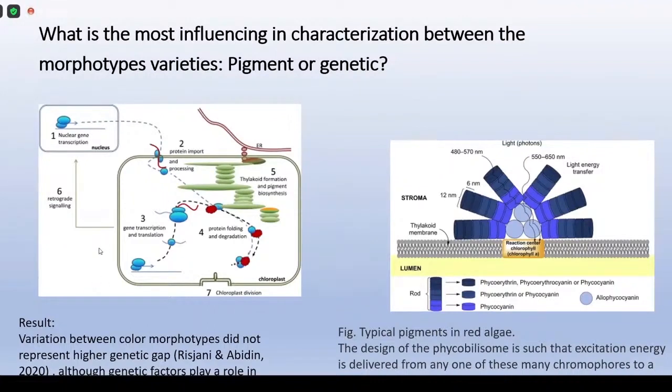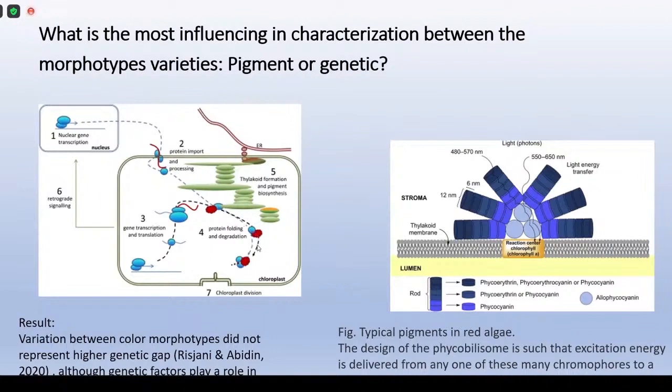This is the biosynthetic pathway process. It starts with nuclear gene transcription in the nucleus, and then protein import and processing in the cellular membrane, and then there is a process of gene transcription and translation, and protein folding and degradation.